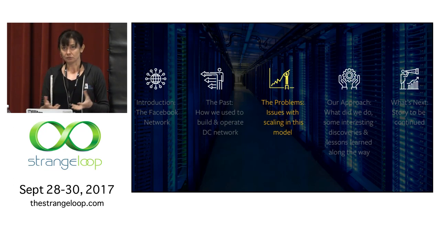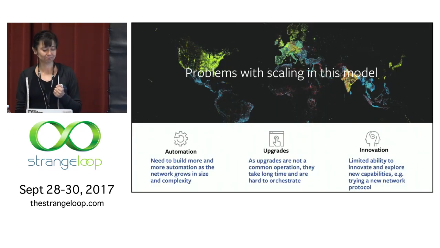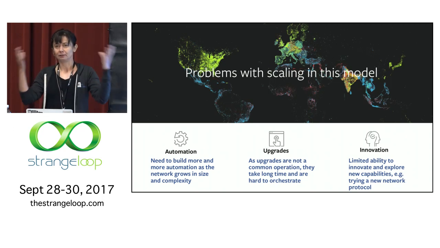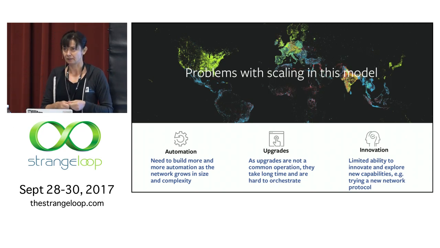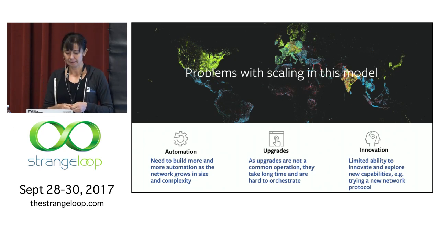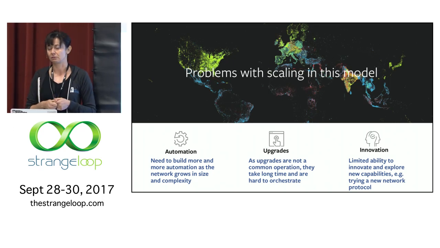So I'm sure you can start guessing that there were some problems with this approach, and let me just cover a couple of those. As you can imagine, for a global network like this, it was very, very important for us to automate as many things as possible. And that was pretty hard when all these devices had different ways to interact with them.